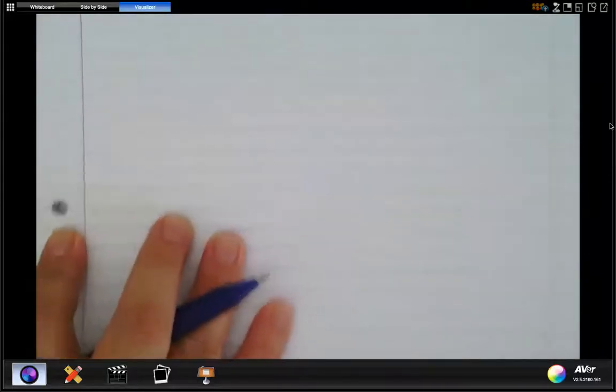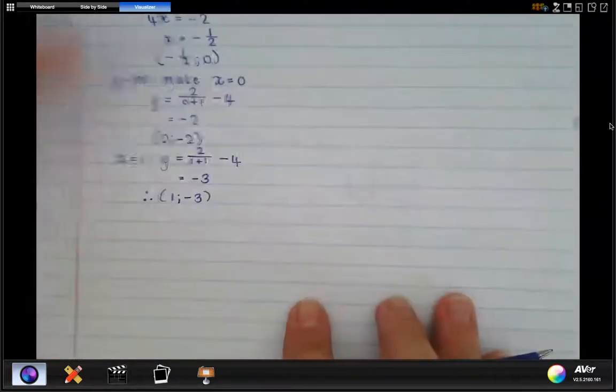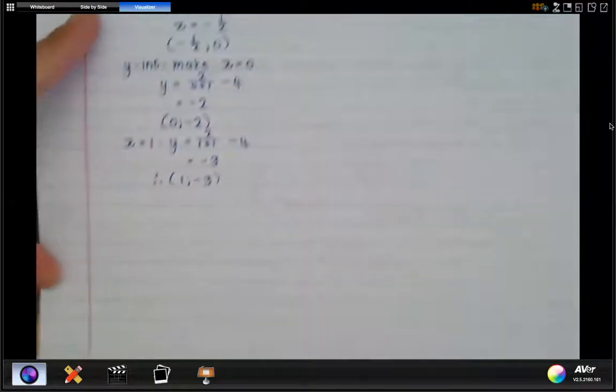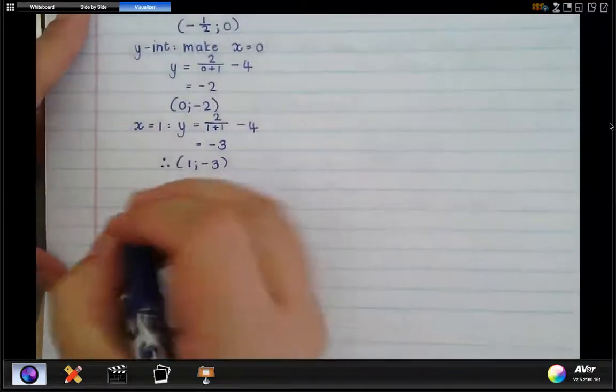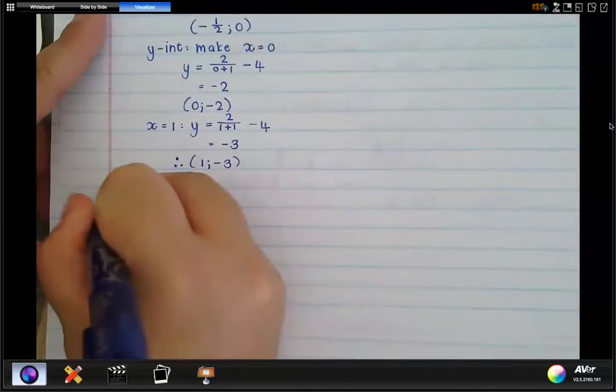Then the last bit of information that is important, I can actually do it at the bottom here. Remember when we're talking about domain and range, and this is something that you were supposed to copy down on Friday.